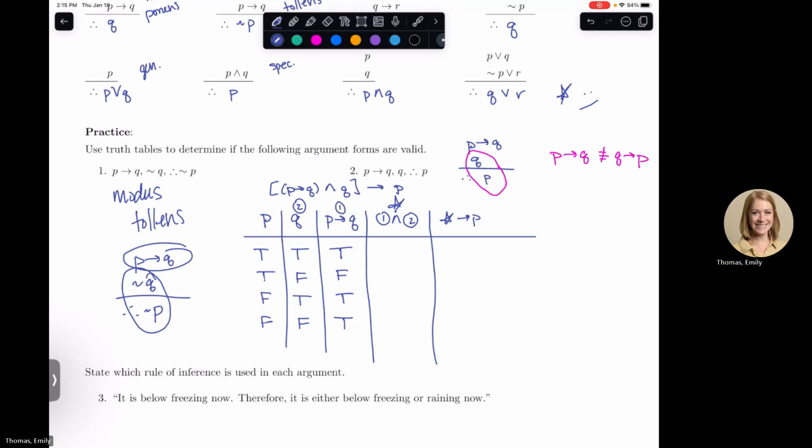And then we're looking at the and between these two things. So we need both to be true, which happens here and there, but not in those two.